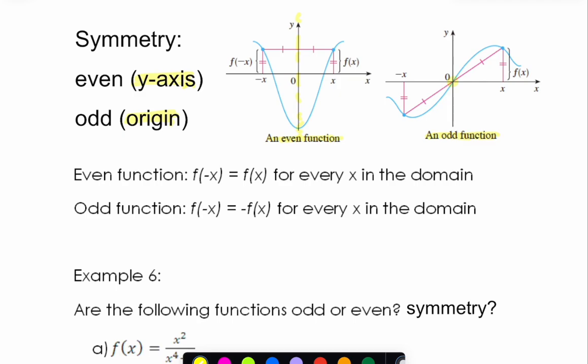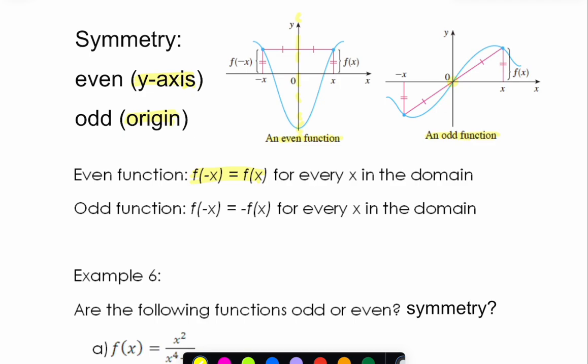But for an even and odd function algebraically, just remember that if you stick in negative x into an even function, it will go away because f of x and f of negative x are the same point. It's because of that symmetry.